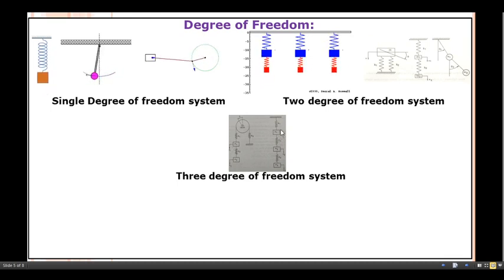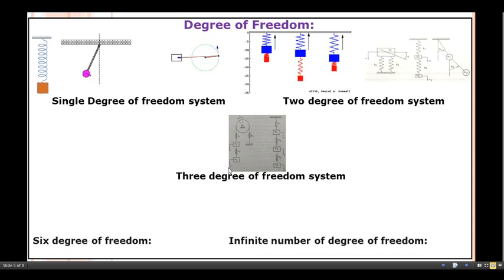A similar case is this one, x1, x2, x3, because three masses are involved in the system and three different springs are connected.